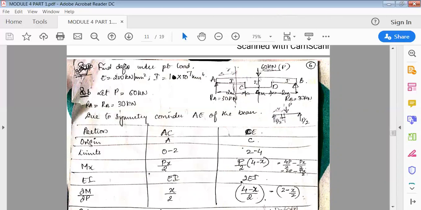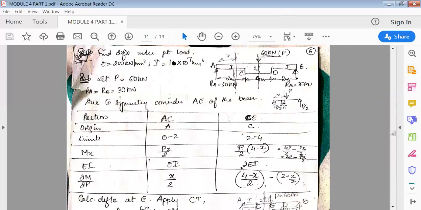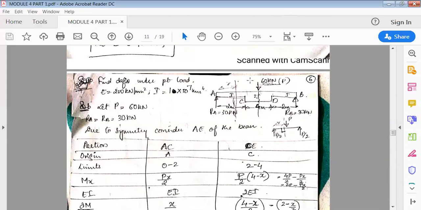Okay, so now I'll take this left side, only one reaction, that is P by 2 into complete X. So P by 2 into X. Similarly, when I cut this section in CE, it is P by 2. You can see it, P by 2. Now in CE I have cut the section, so I want only this distance. To find this distance, I'll take the complete length.